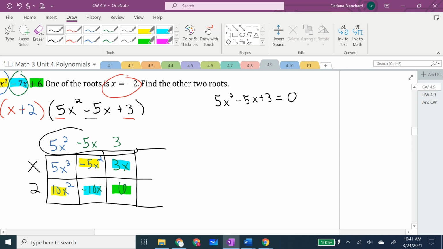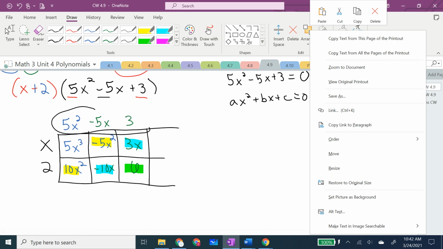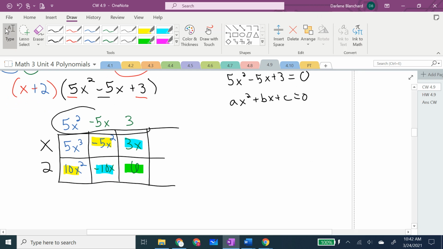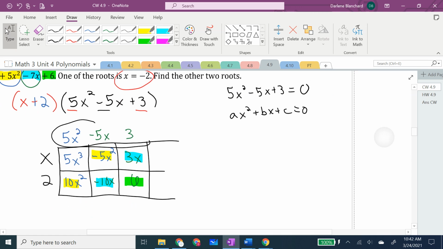We are trying to solve for this polynomial being equal to 0. And if you have ax squared plus bx plus c equals 0, the solution to that equation is, drum roll, and here it comes. If this will cooperate. No, it's not cooperating. You know, the drum roll and then sad.